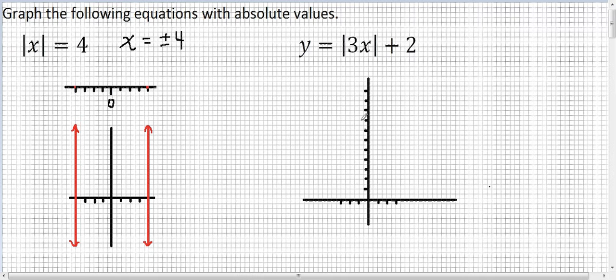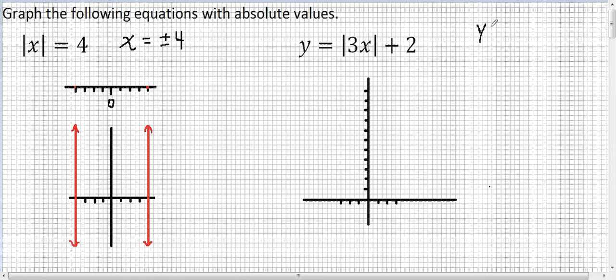Next, we have the equation y is equal to the absolute value of 3x plus 2. If we take a look at the expression 3x that is inside the absolute value, then we know that if 3x is positive or 0, we can just go ahead and remove the absolute value sign.